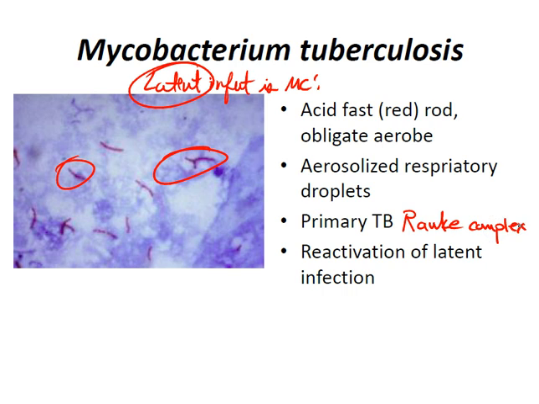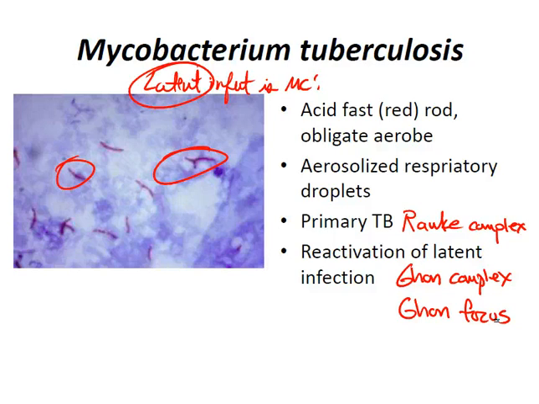A Ranke complex, or also you could say Ghon complex, or Ghon focus. Don't worry, we're going to talk about each one of these. A Ranke complex is a Ghon complex that has undergone progressive fibrosis and subsequent calcification, which makes it radiologically detectable. A Ghon complex is a Ghon focus plus regional, usually perihilar, lymphadenopathy.